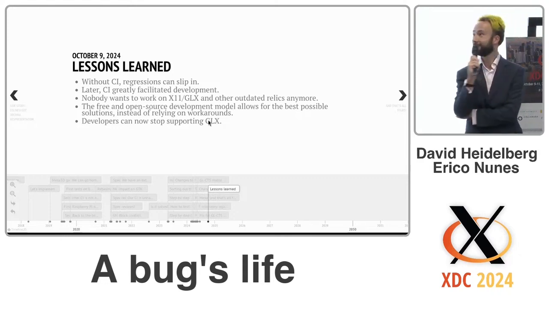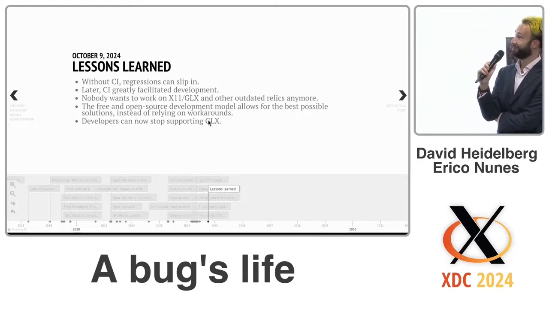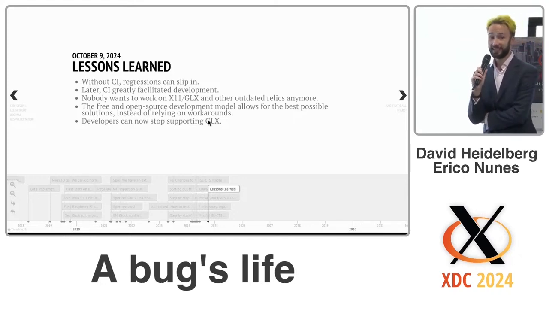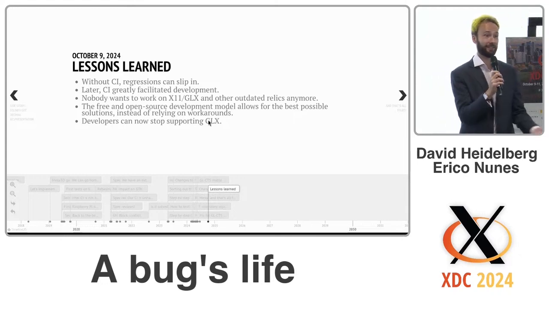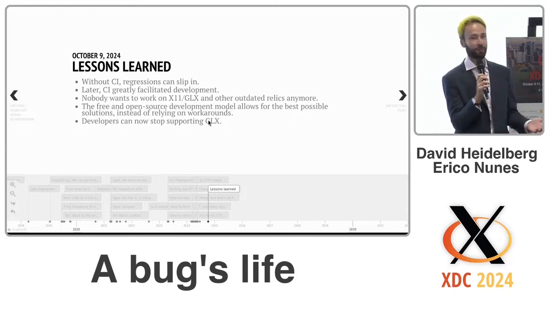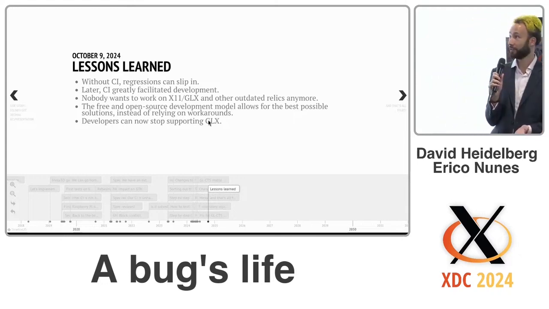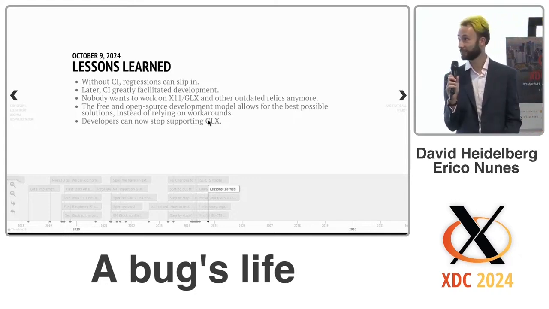Okay, so lesson learned, why we're talking about this. The beginning of this issue was mainly a problem with missing CI, because you had no testing, you really merged something which was already broken. I mean, it worked for most of the cases, but was breaking something.